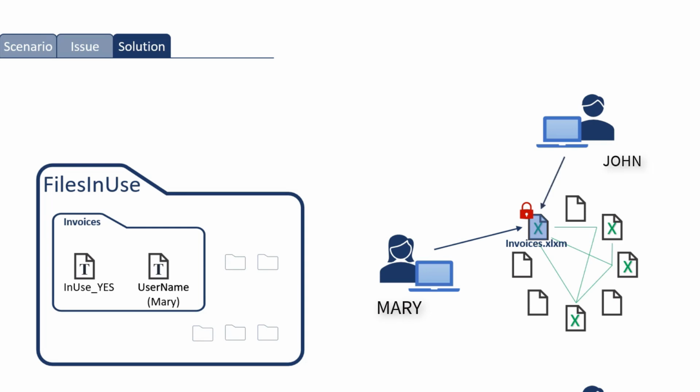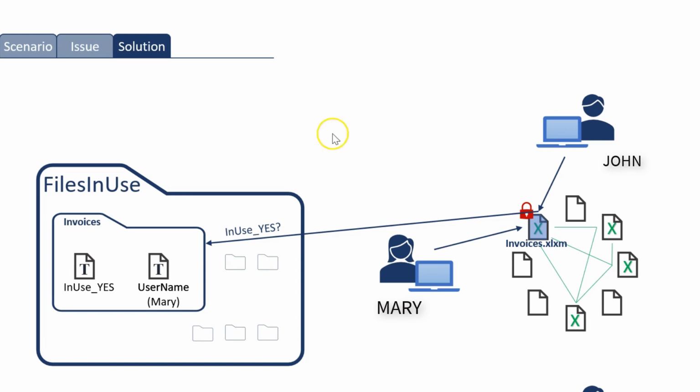If John comes along wanting to edit the file at the same time, and for who knows what reason the file allows John to enter a password to edit the file as if nobody else was using it. When John opens the file, that same open event will go directly to the Invoices folder inside the Files in Use folder, and it will search for a file named inuse_yes.